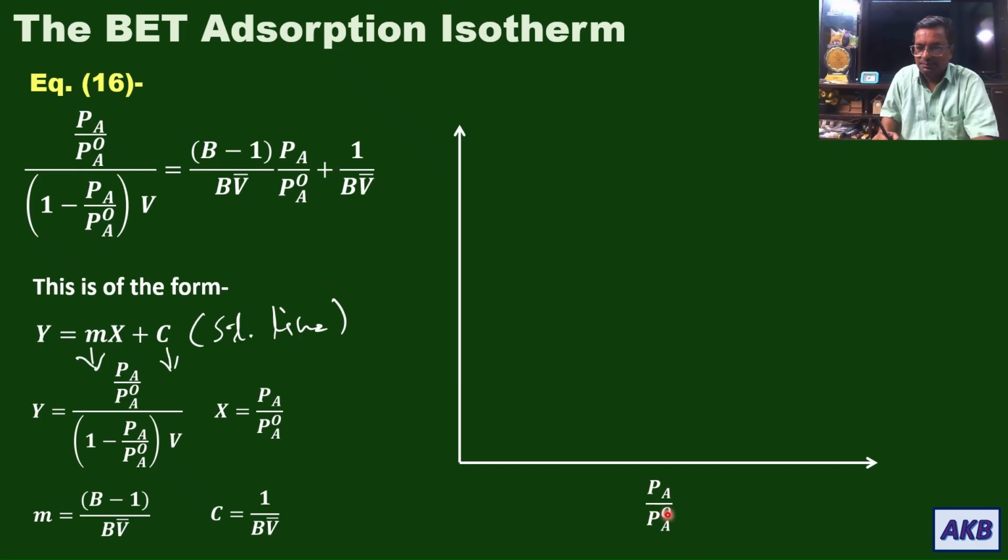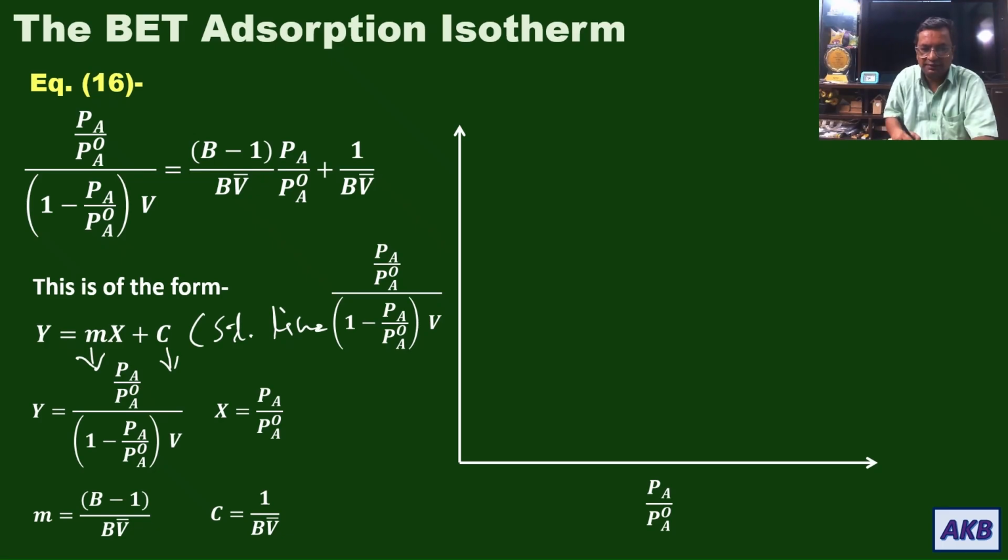So PA by PA naught is plotted on the x-axis because x is PA by PA naught, and PA by PA naught divided by 1 minus PA by PA naught into V is plotted on the y-axis because it is y.